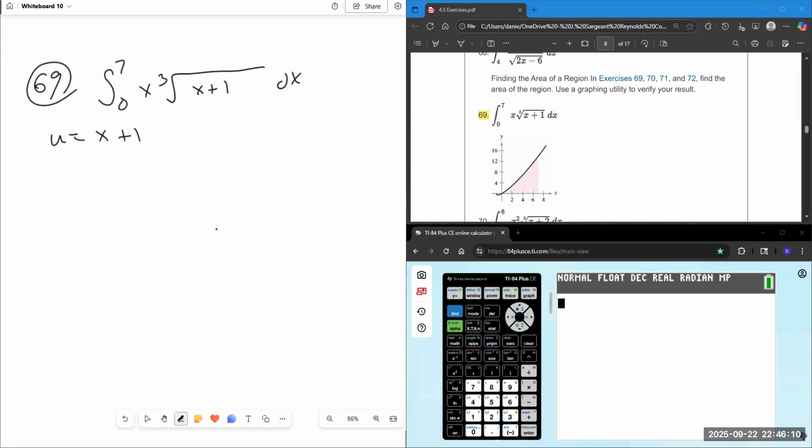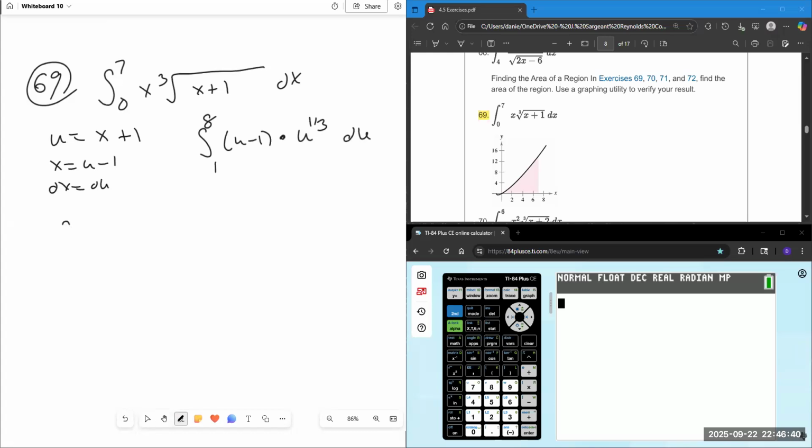U is x plus 1, x is u minus 1, dx is du. So u is going to go from 0 plus 1 is 1, to 7 plus 1 is 8. x is u minus 1 times u to the 1/3, and this is du.